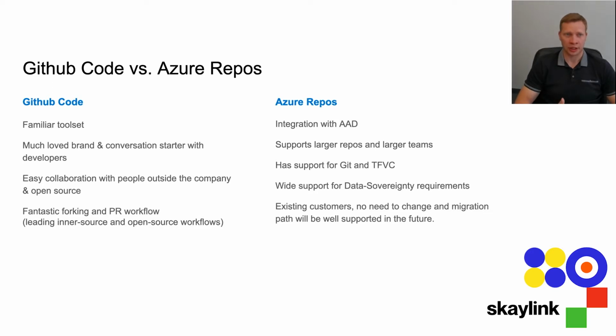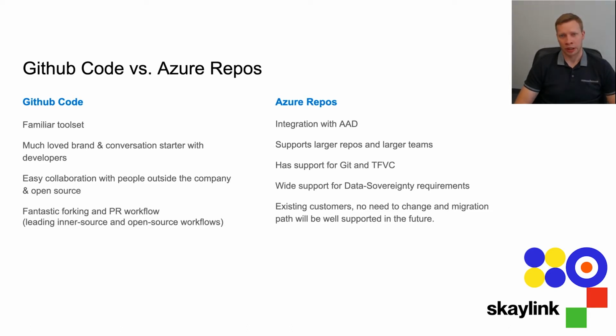On the GitHub side, you already know the main GitHub offering. With Azure Repos, you additionally have integration with Active Directory. You can have, let's say, larger repos, and you can always migrate between Azure Repos and GitHub Code.